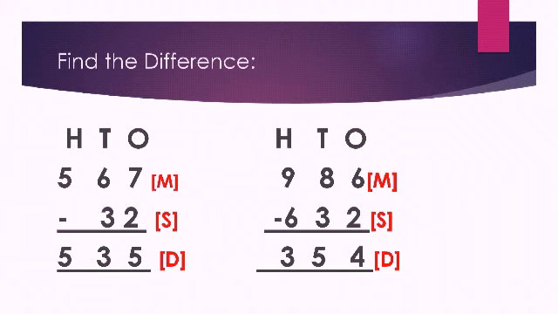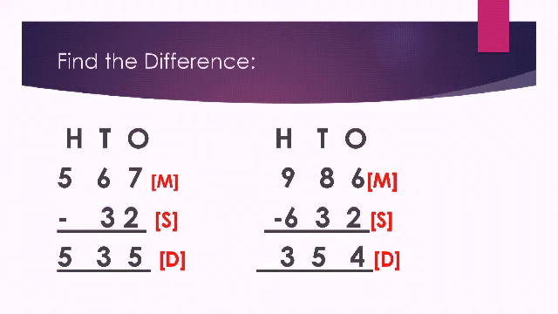It is known as the minuend, which is denoted as M. 32, the smaller number, is the subtrahend, denoted as S. And when we subtract, 7 minus 2 is 5. 6 minus 3 is 3, and below 5 there is nothing, so 5 will come down. So 567 minus 32, your answer is 535. So 535 is the difference, that is your result of the subtraction.